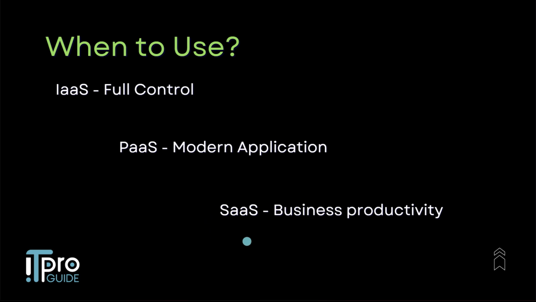Now coming to the software as a service, so when you are ready to use business services for your company without a complex IT setup, then you can think of having software as a service. So Gmail or Microsoft Office 365, you don't think about what is even running behind it, right? You just use it, you just consume it.